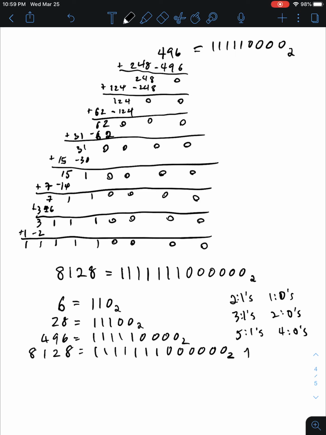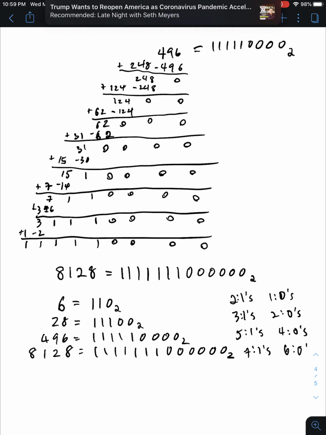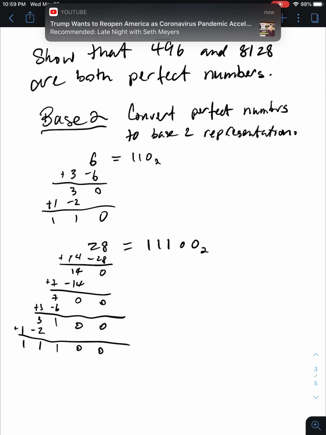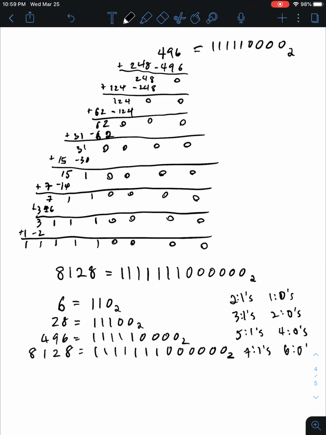And 8128, there are 7 ones and 6 zeros. All right, so yes, we are seeing some pattern here.